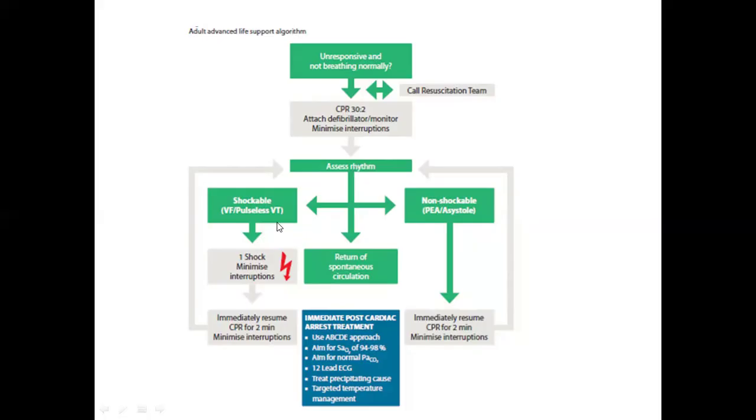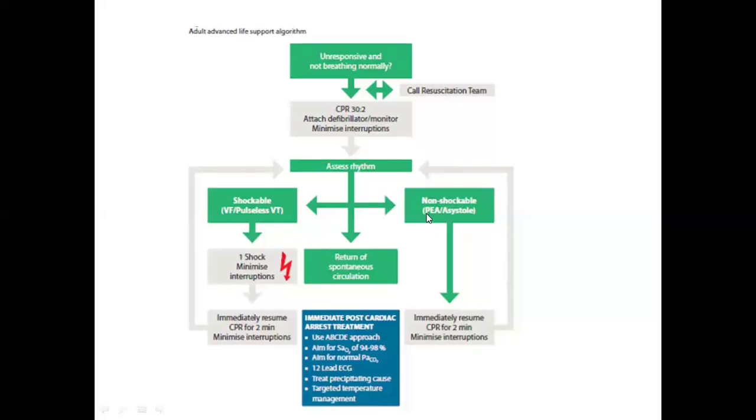There are 2 cardiac arrest rhythm groups, on the left side and on the right side. On the left side, you get the shockable rhythms. On the right side, you get non-shockable rhythms. What are the non-shockable rhythms? These are the rhythms where you do not give any shocks, right? 2 rhythms, PEA or asystole.